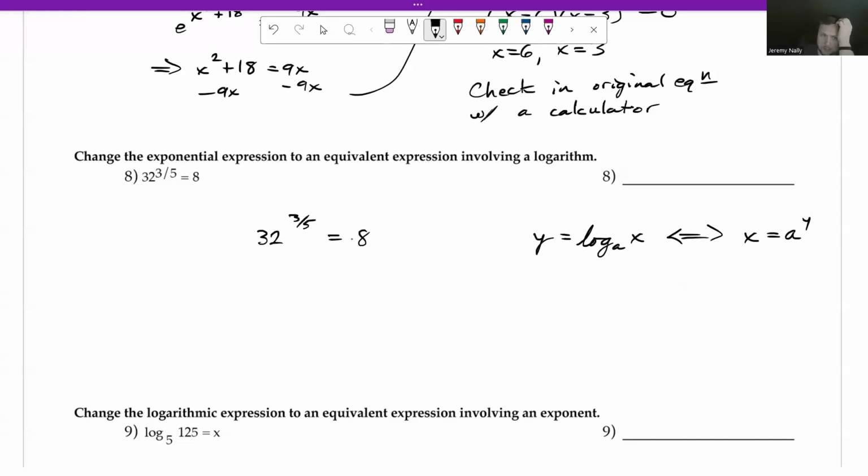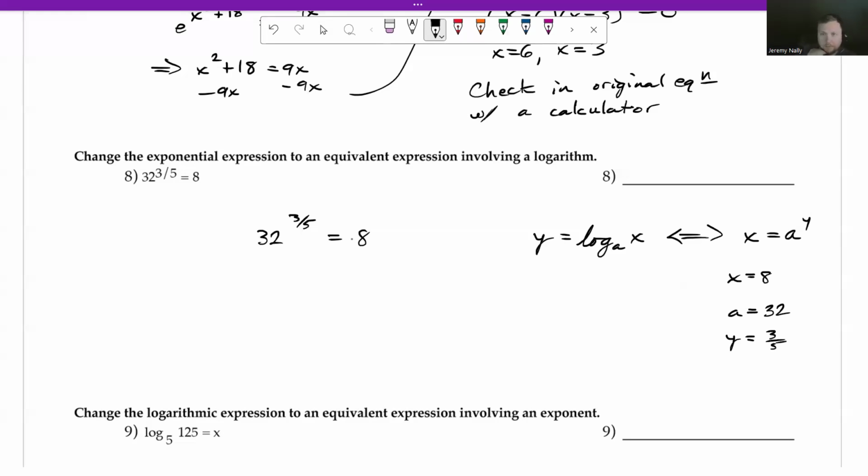So then we can go through here and say, okay, my x is equal to 8. So I'm just comparing. My a, the base of the exponent, is 32, and my y is 3/5.